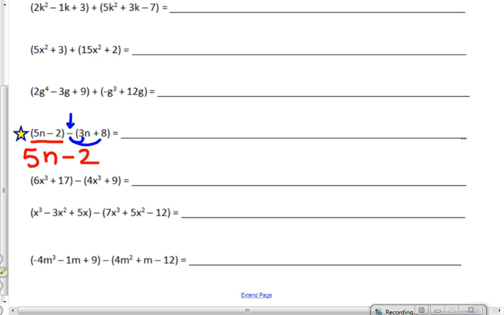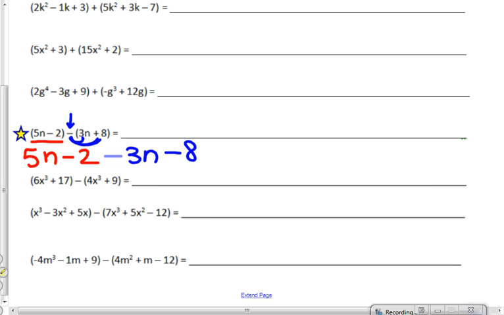Have you heard of the word distribute? Okay, we're distributing the minus sign. Some students like to put a little minus 1 there, and it's like they're distributing -1. That's fine. What I think is it makes the 3n minus 3n, and it makes the plus 8 minus 8.